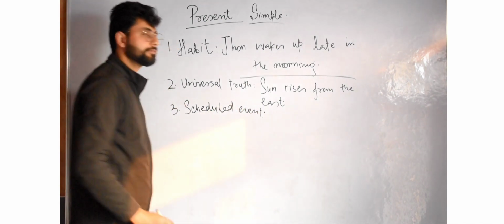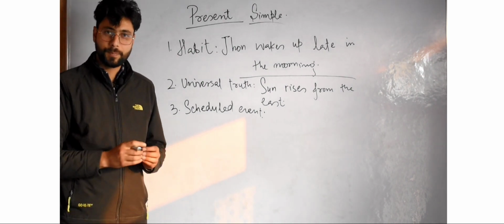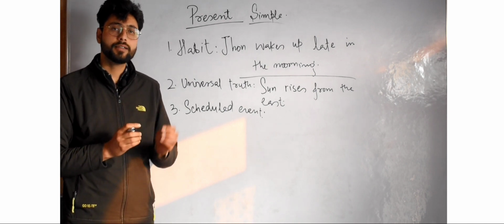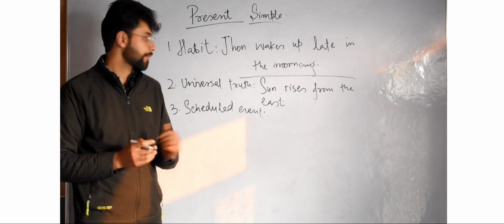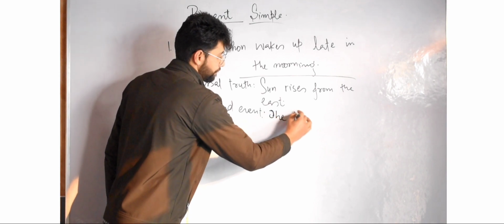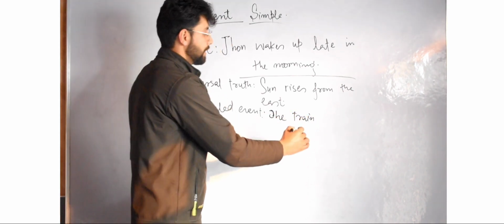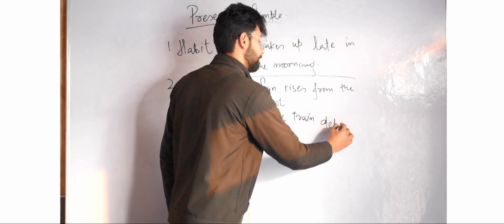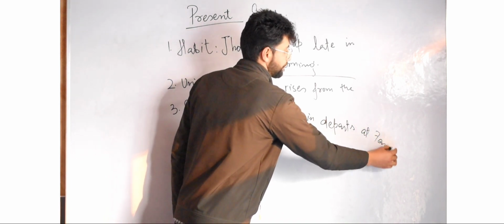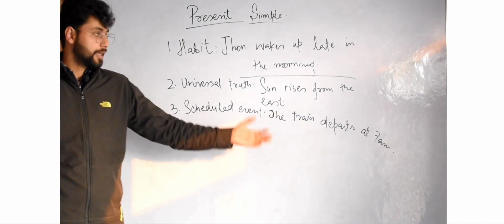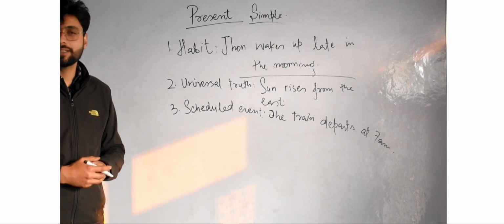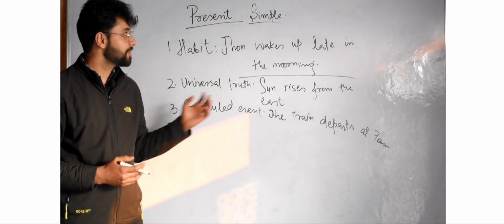Let's suppose there is a train in a station which is supposed to leave at 7 a.m. We will say, the train departs at 7 a.m. The train departs at 7 a.m. This is the third use of present simple. So this was about present simple.